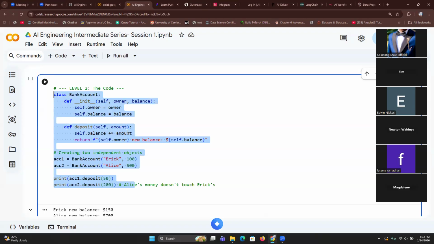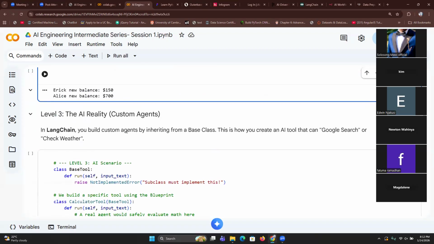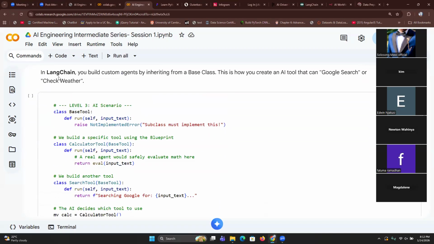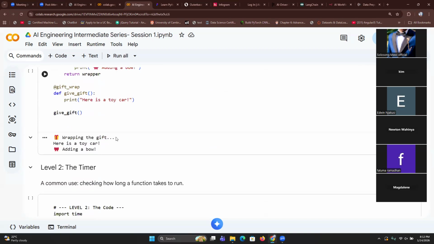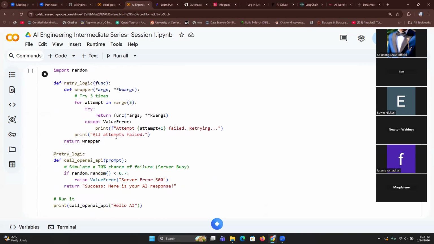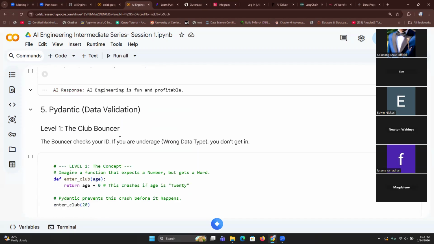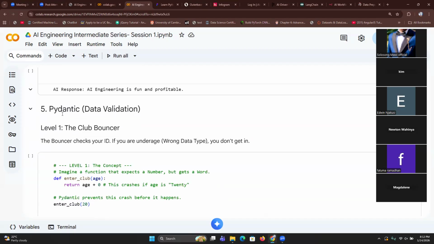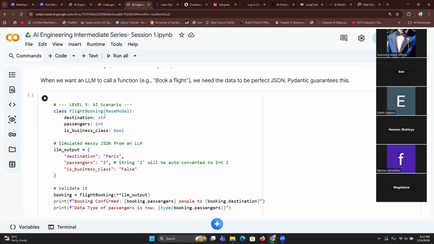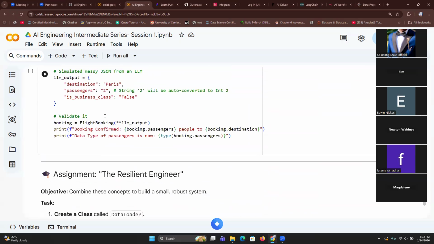And in terms of AI, you're going to see that in LangChain, if you want to build the agents that you're talking about. Decorators, we also have generators, very beautiful. And then finally, we have Pydantic, where we're going to do data validation. So these will be very important concepts that we're going to do from Monday.